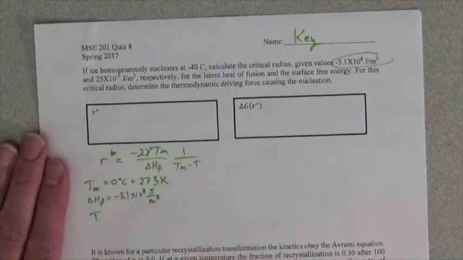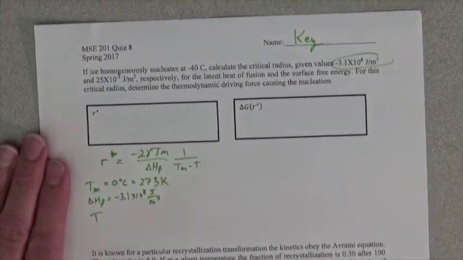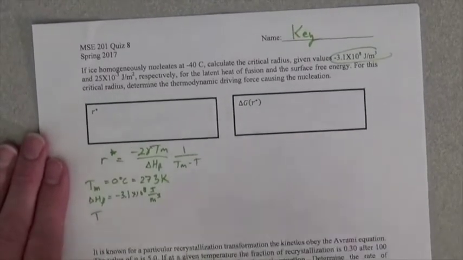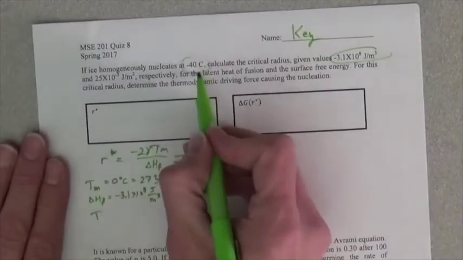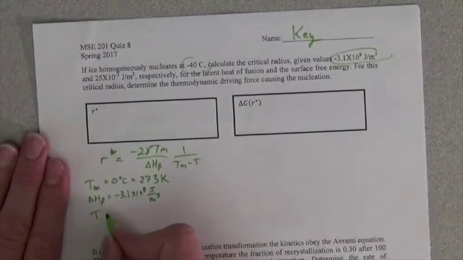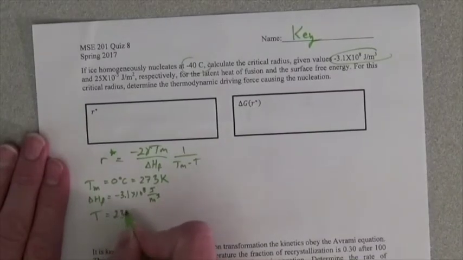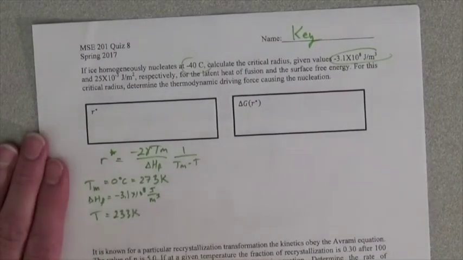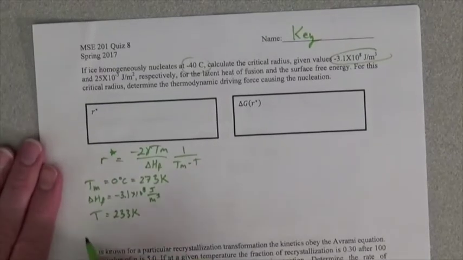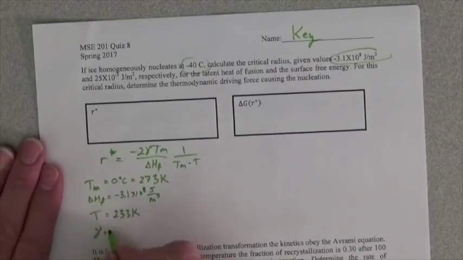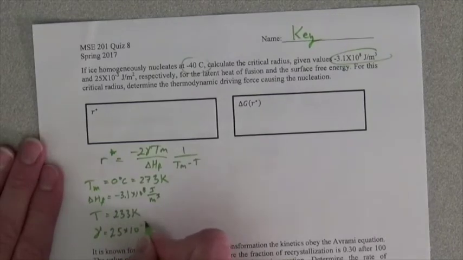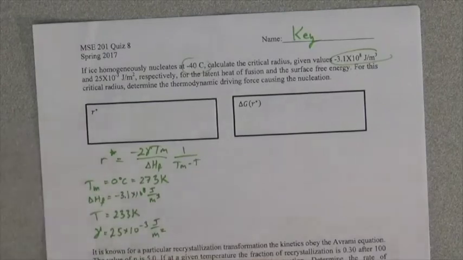The temperature where we're holding the system and it nucleates is minus 40 degrees C, which is equal to 233 K, and the surface energy is equal to 25 times 10 to the negative 3 joule per meter squared.